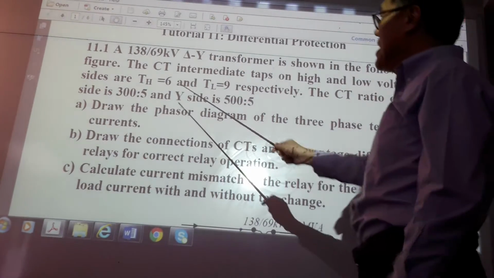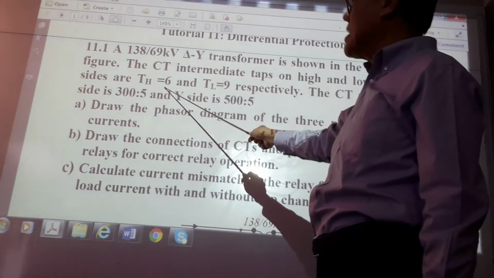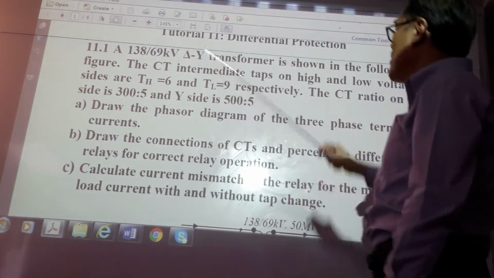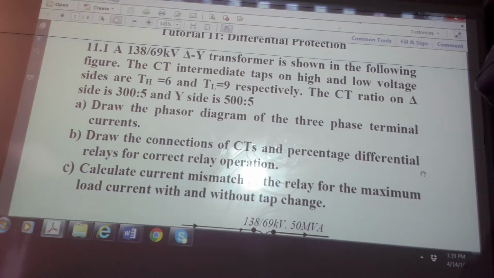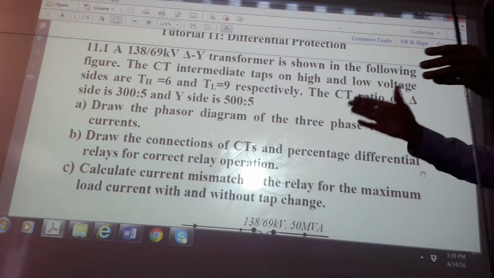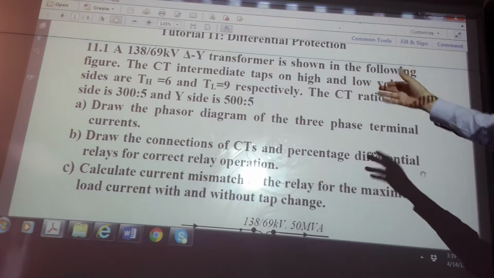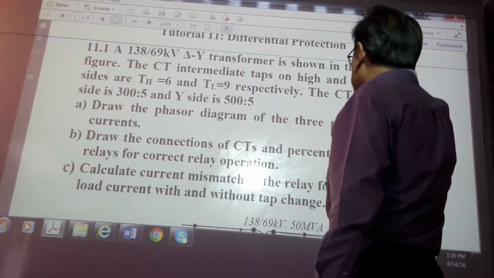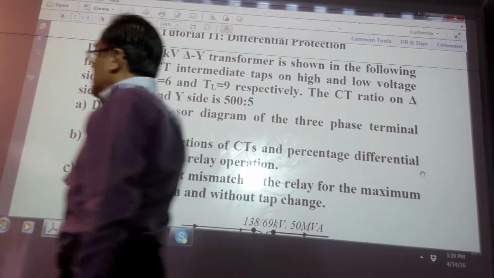So the high voltage side, he suggested that we use the tap position at 6, and the low voltage side to use 9. We are assuming that the CT has many taps, perhaps 1 to 10. The CT ratio on the delta side is also given to you.